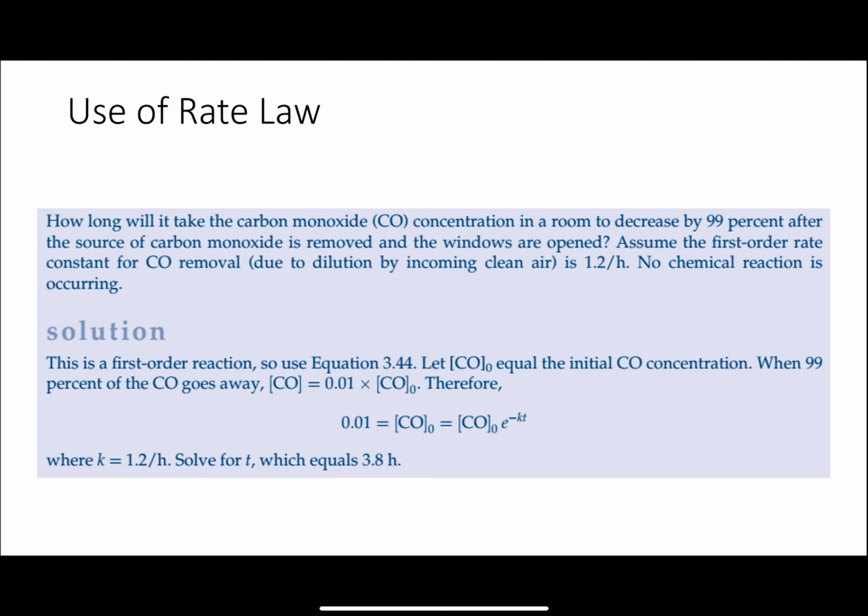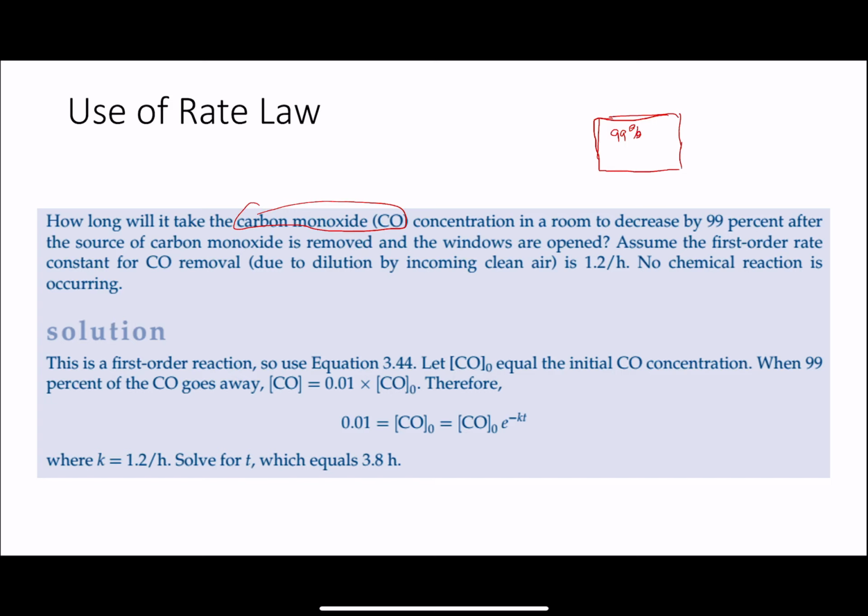Let's give you an example of one of these first order or zero order equations. How long will it take for the carbon monoxide concentration in the room to decrease by 99%? So there's a room in the house. Let's say this is the room, and you want to reduce carbon monoxide by 99% after the source of carbon monoxide is removed.